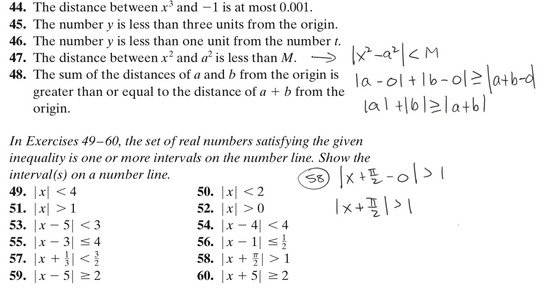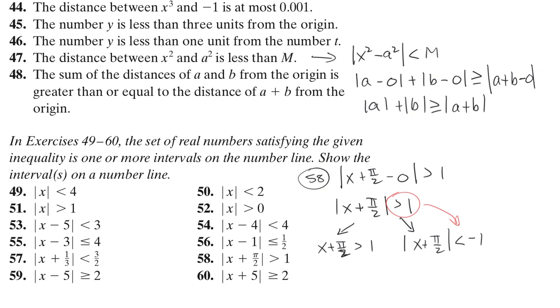And what we usually do, if you've been through Algebra 1 class or Algebra 2 class, we usually split this into two different statements. x plus pi over 2 is greater than 1, the original statement, and then we will negate, not all of it, so we have x plus pi over 2 less than negative 1. See, so this part right here has been switched over.